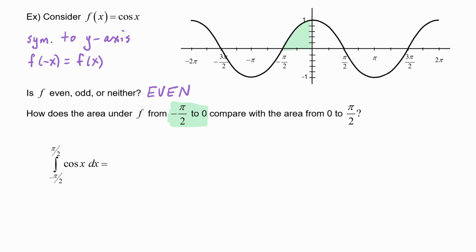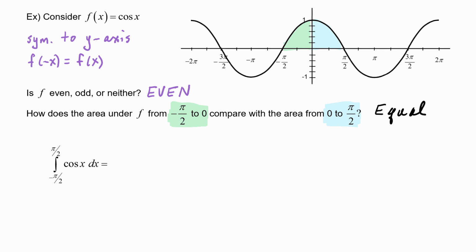And then we're trying to compare that to the area from 0 to pi over 2, which is this area. And just looking at them, you can see that they're the same area because the graph is symmetric to the y-axis. So the area from negative pi over 2 to 0 and from 0 to pi over 2, those two areas are equal.